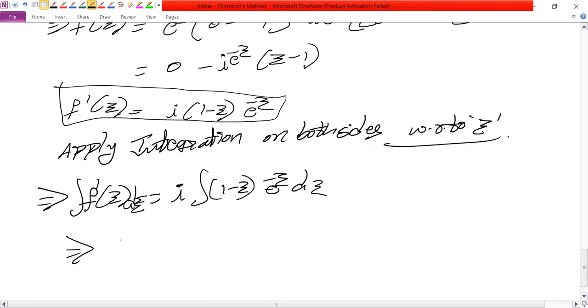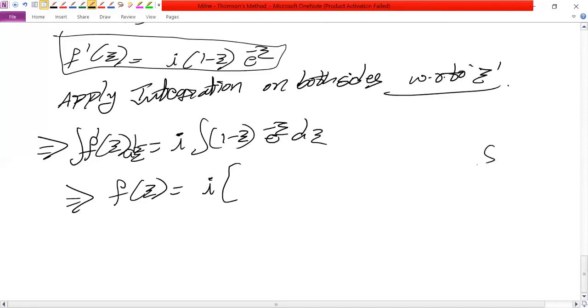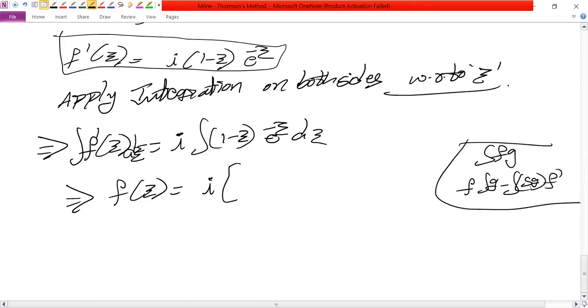Integration and differentiation get cancelled. We'll get f of z equals i into the integration of u v, nothing but integration of f into g. What is the formula of integration of f into g? f into integration of g minus integration of the integration of g into f dash.